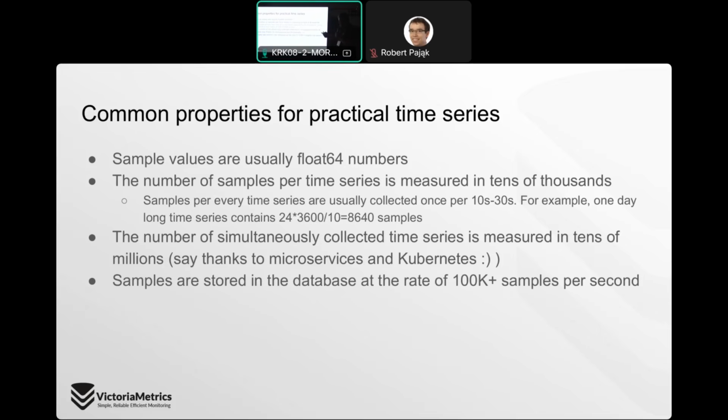And if you calculate the rate of data ingestion into the database, multiply tens of millions of time series by this number of intervals, 8,000, you'll get quite a big ingestion rate. It is measured in hundreds of thousands of samples per second and more.